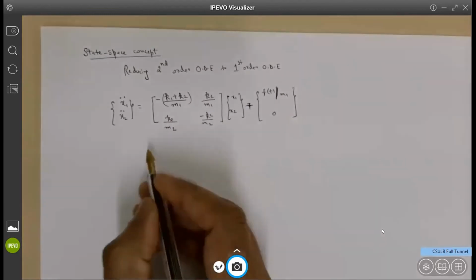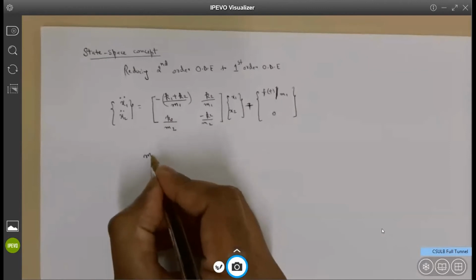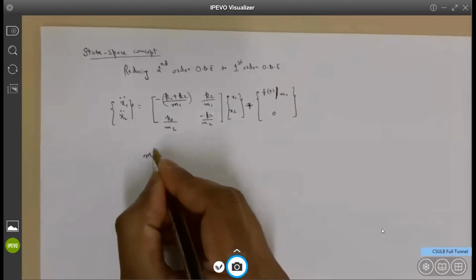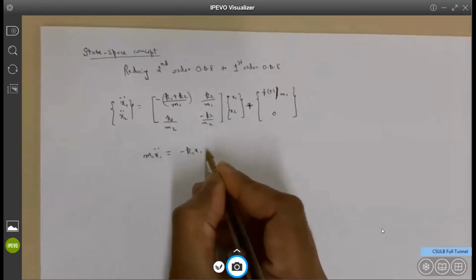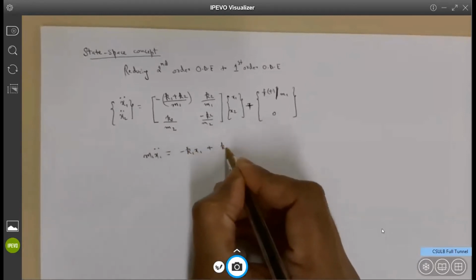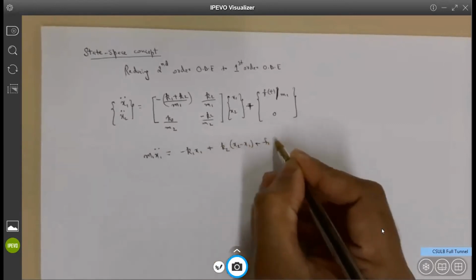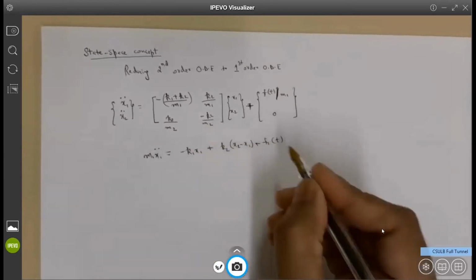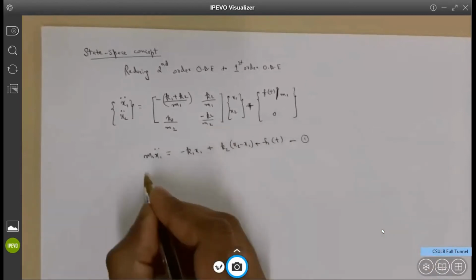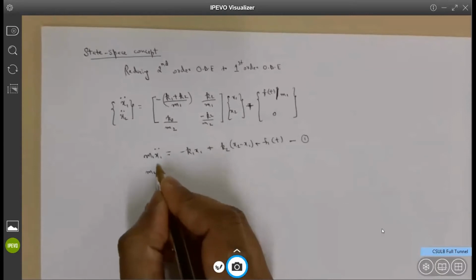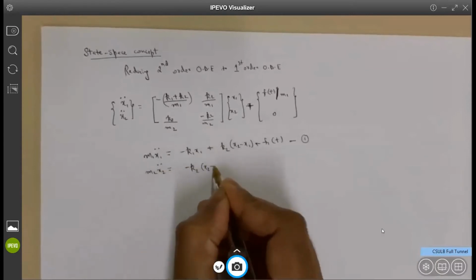And this is what we have got from the equation we have derived for our spring mass system as negative K1 x1 plus K2 (x2 minus x1) plus F1(t). And this is our first equation, and M2 x2 double dot is equal to negative K2 (x2 minus x1).